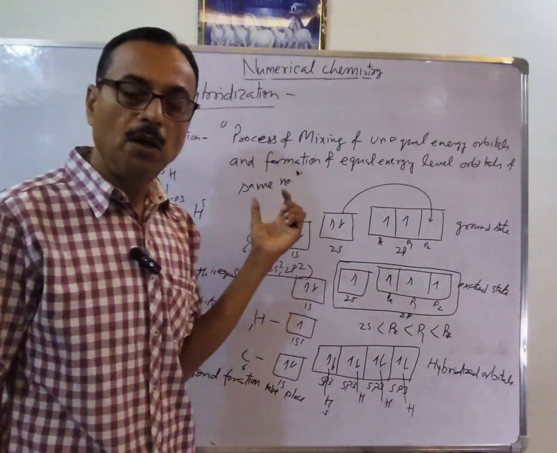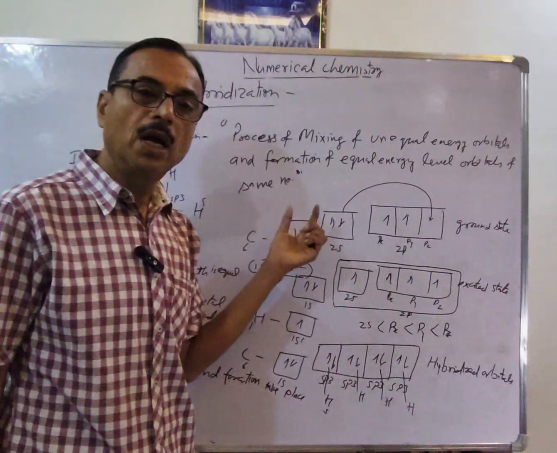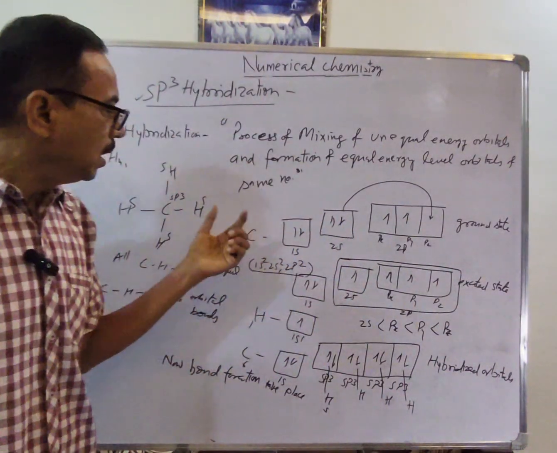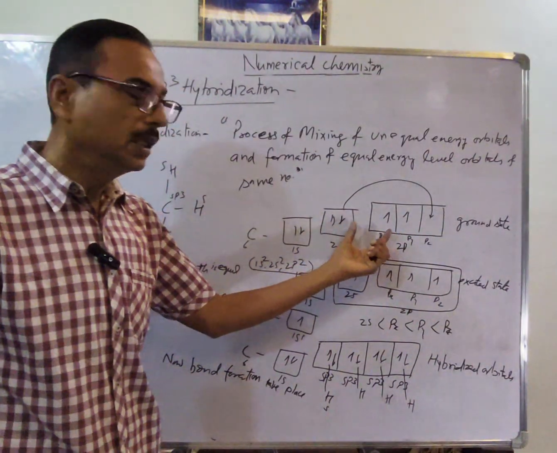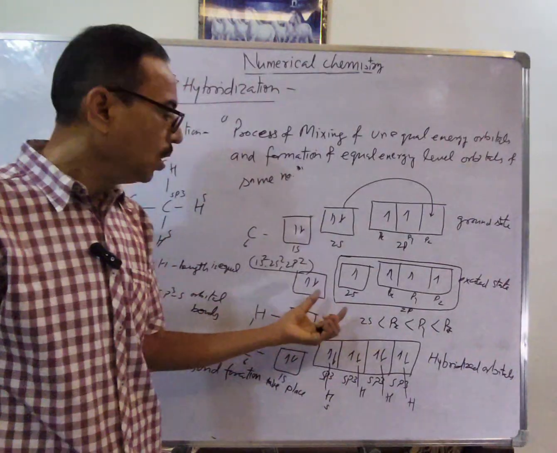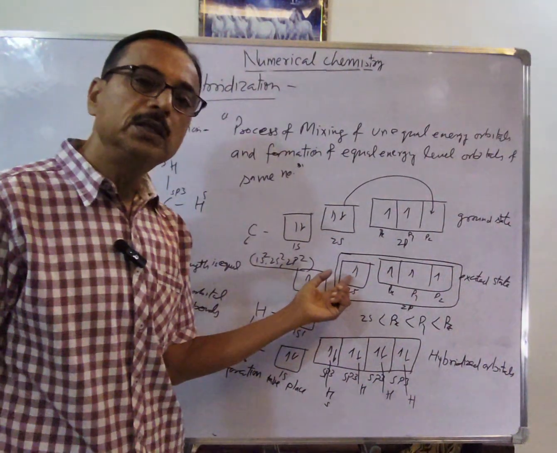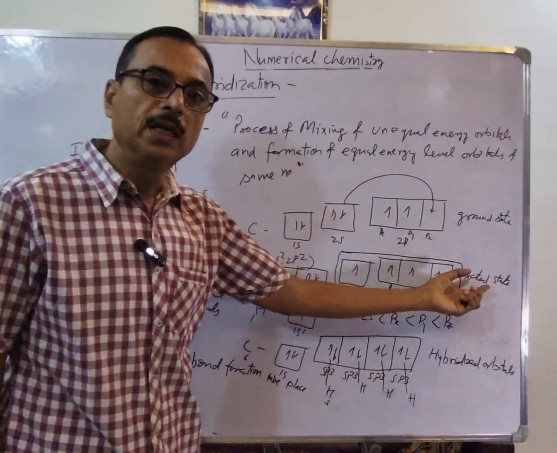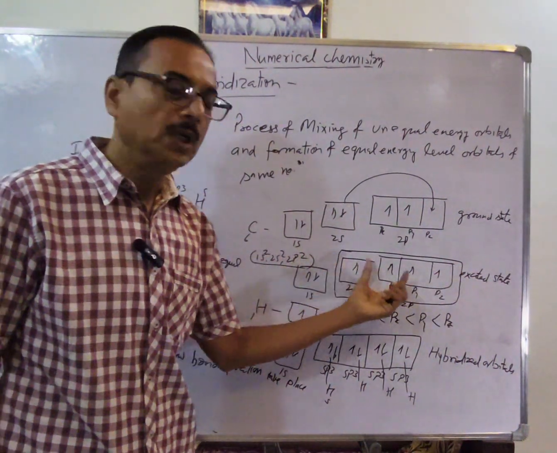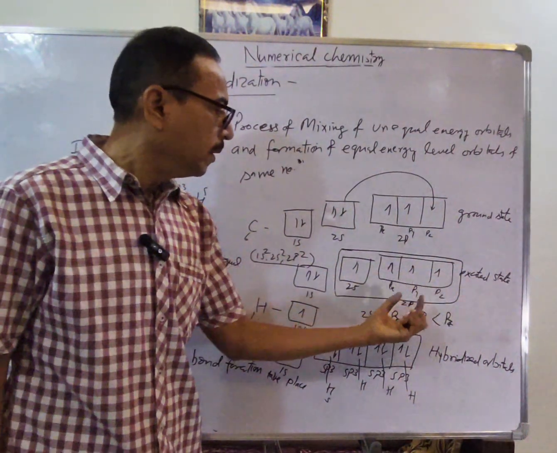In all organic compounds, carbon shows four valency. It means before bond formation there is some other process, called the excited state, when the nearest energy electron moves to the higher energy level and forms a single electron.